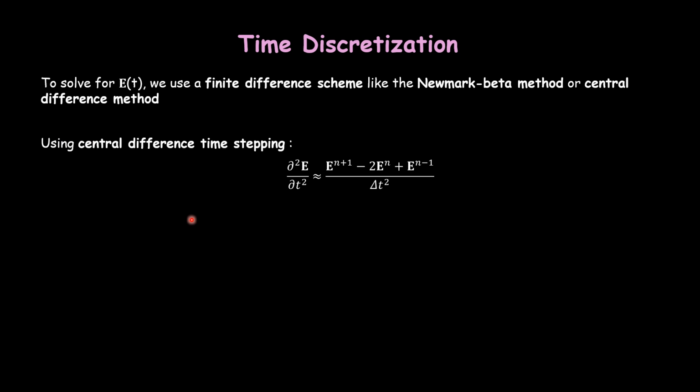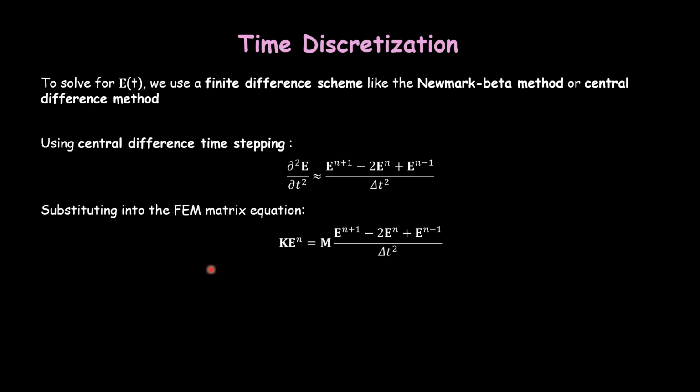So using the central difference time stepping scheme, we can write a numerical approximation of the left hand side term with this term here, which is a function of the electric field at different time steps.